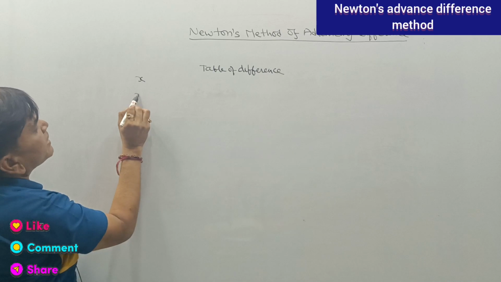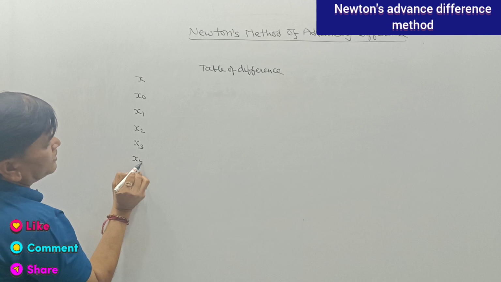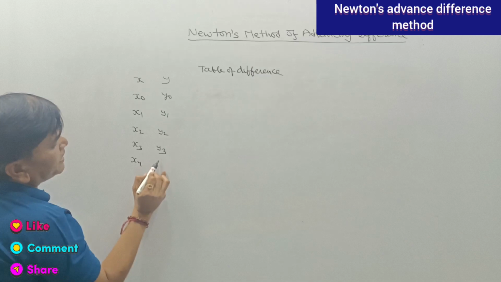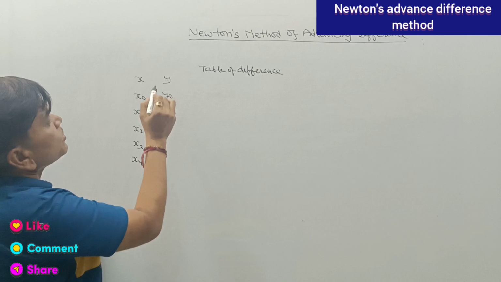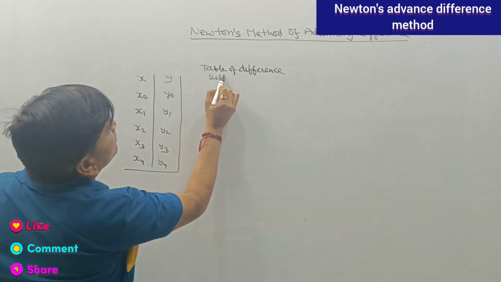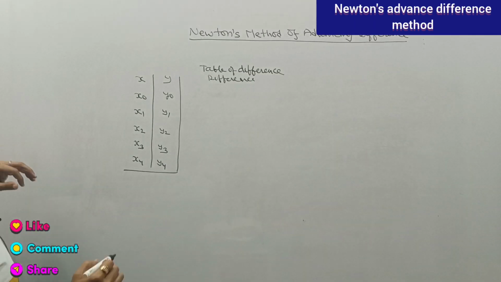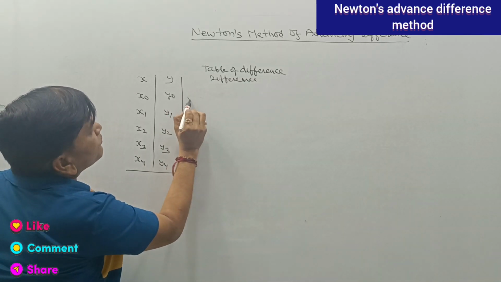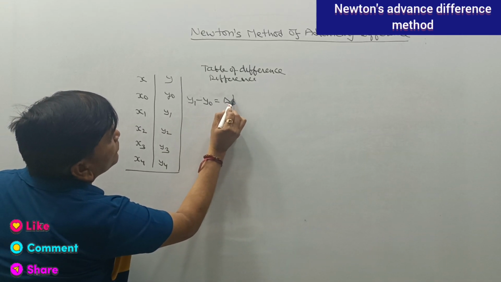Suppose x values are given, that is x0, x1, x2, x3, x4, and y values are given, y0, y1, y2, y3, y4, up to y4. So how do we calculate the Newton differences? First, the first difference is y1 minus y0, that is called delta 0 1.